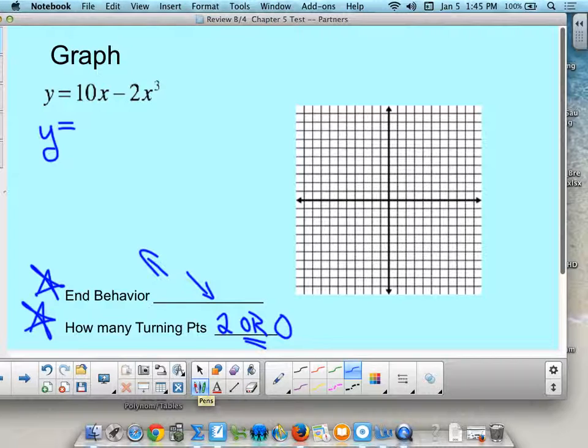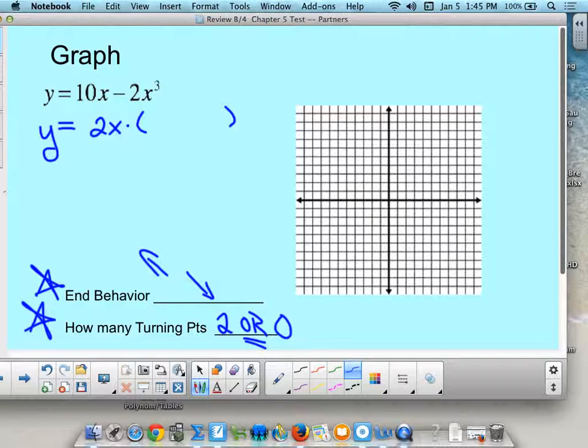How'd you factor it? Take out a what? X. A negative 2x? Okay, somebody said 2x. I think Jay said 2x. All right, 2x, I'll take it out. What's left? x squared plus 5.